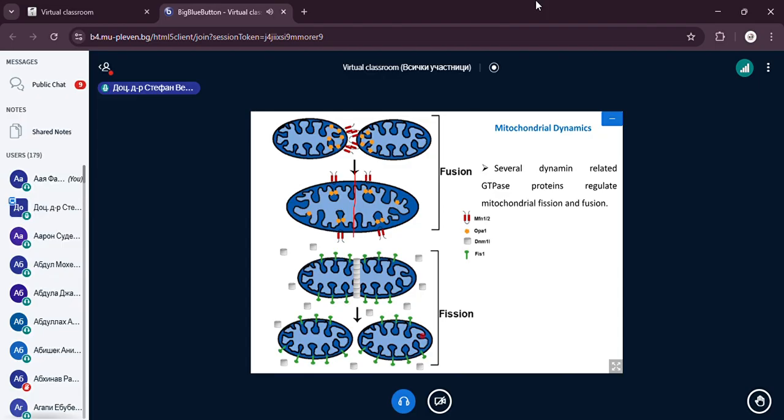When the cell needs more mitochondria, existing mitochondria can divide. When the cell lacks the need for mitochondria, mitochondria can fuse with each other to form large, relatively inactive mitochondria. So that's about mitochondria.